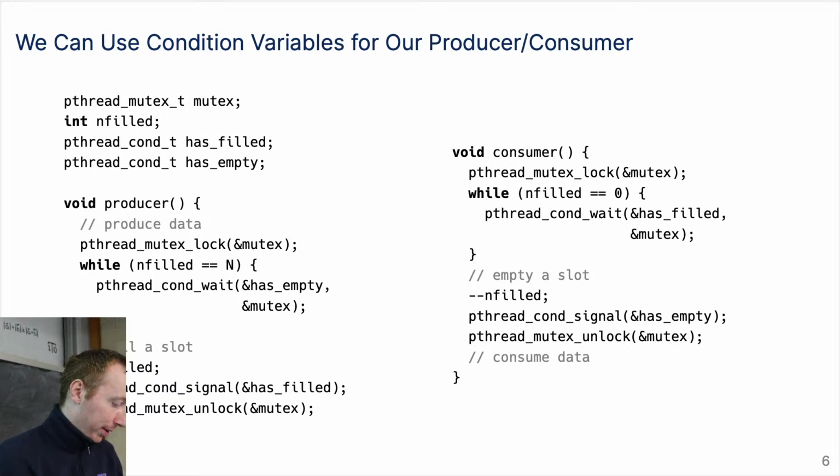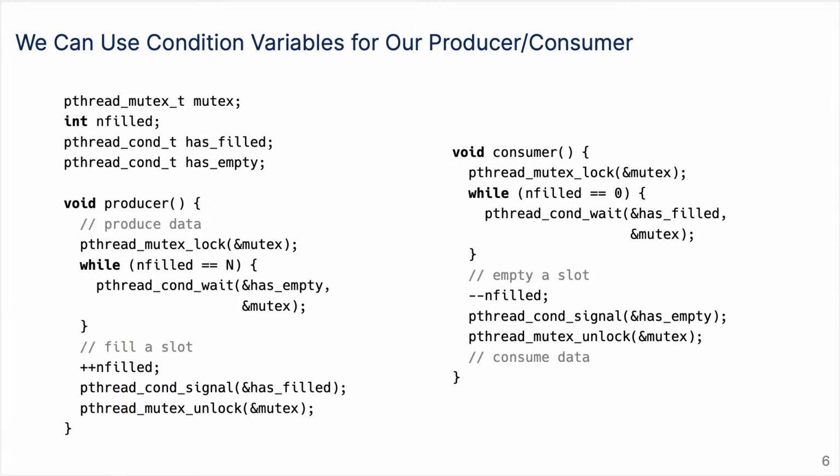So this is how we could transform our producer and consumer example to use a condition variable instead of semaphores. Instead of two semaphores, I'm just going to have an int called n-filled, which just keeps track of the number of filled slots, instead of using semaphores to keep track of the number of empty and filled slots.